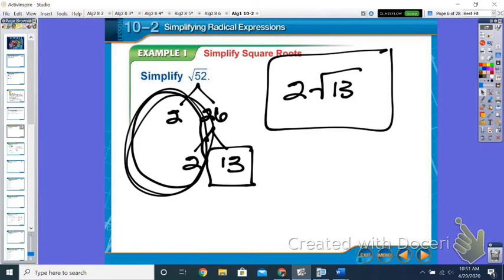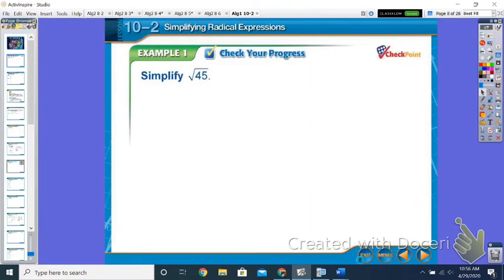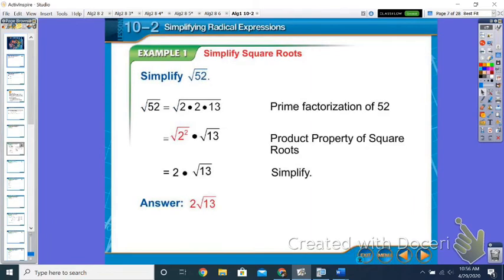All right, let's look at another one. And by the way, you can check your answers on these by typing in the original problem in your calculator, square root of 52, and that's going to be some weird decimal. Let me type it in quickly so I can talk you through this.